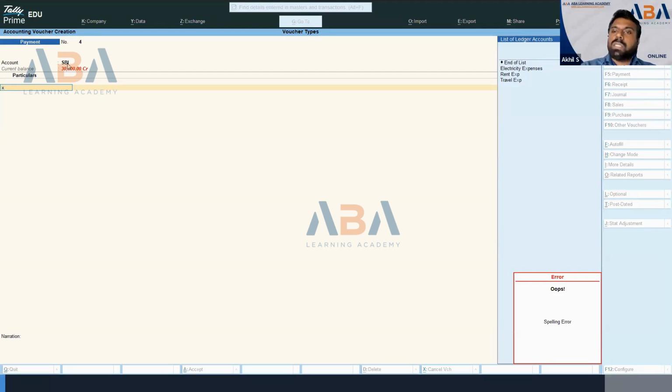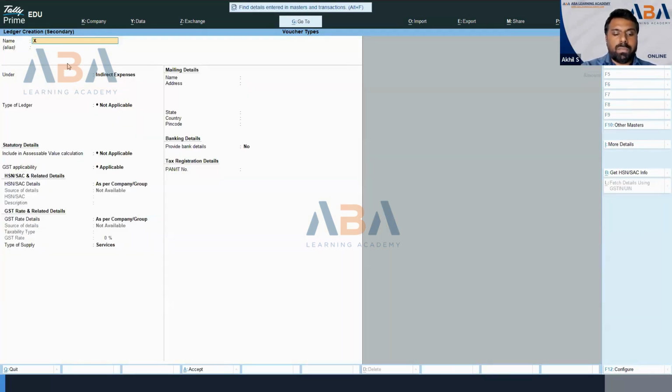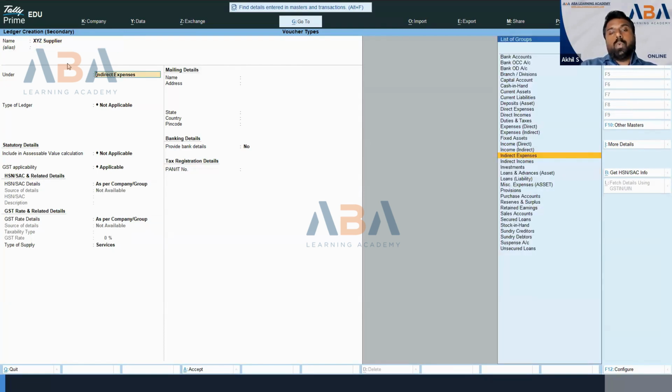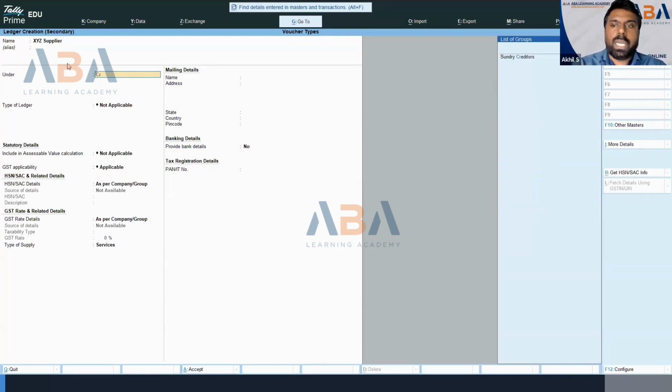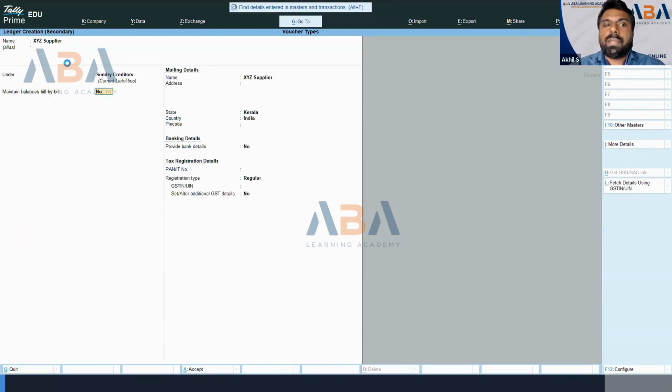Here we can see XYZ suppliers is not there, so we can create that supplier. XYZ suppliers, I'm creating and selecting the group. Which group should we select for this supplier? You should not confuse between debtors and creditors. For creating a supplier, it is sundry creditors. Selecting creditors, enter.